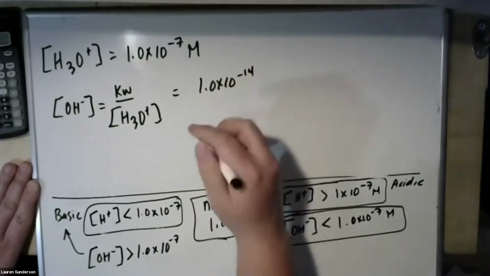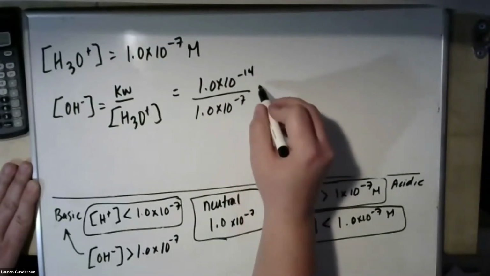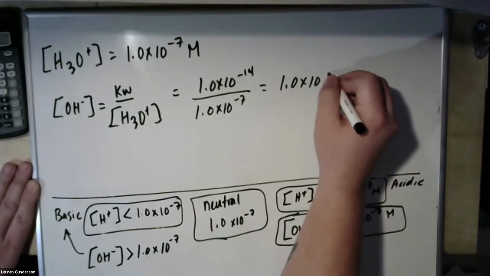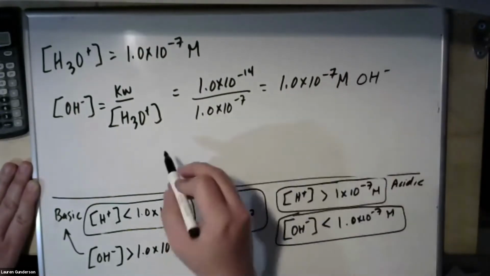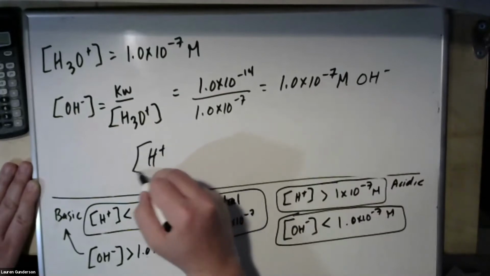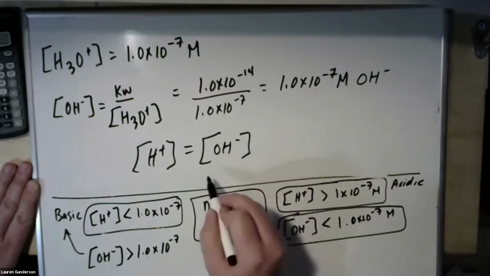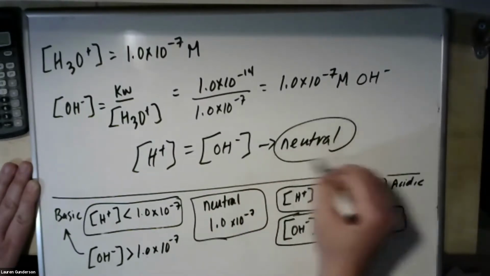Right, so we'll take their Kw, divide it by 1.0 times 10 to the negative 7. And what we're going to get back out is 1 times 10 to the negative 7. So when your hydrogen ion concentration equals your hydroxide ion concentration, that means that you have a neutral solution.